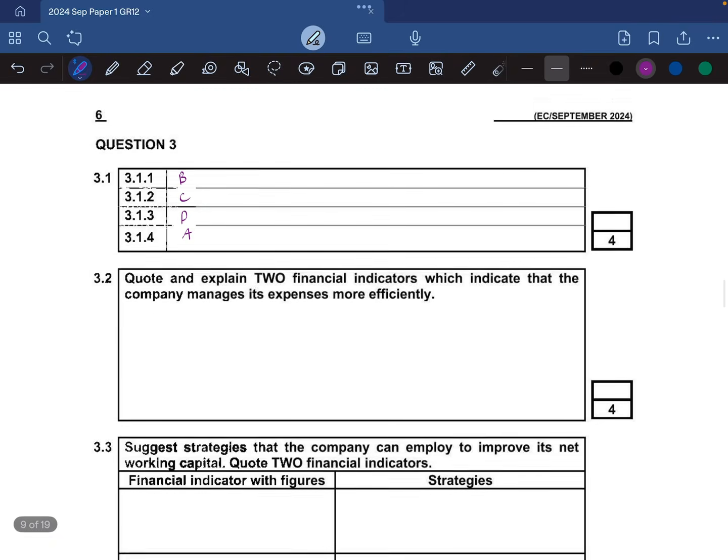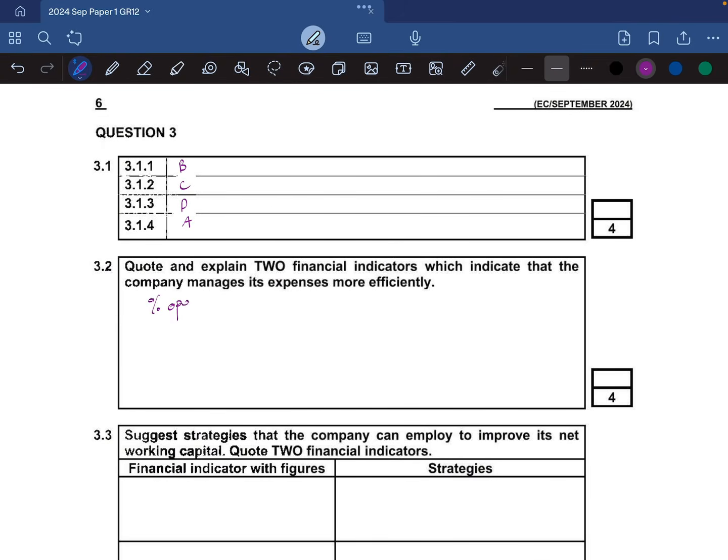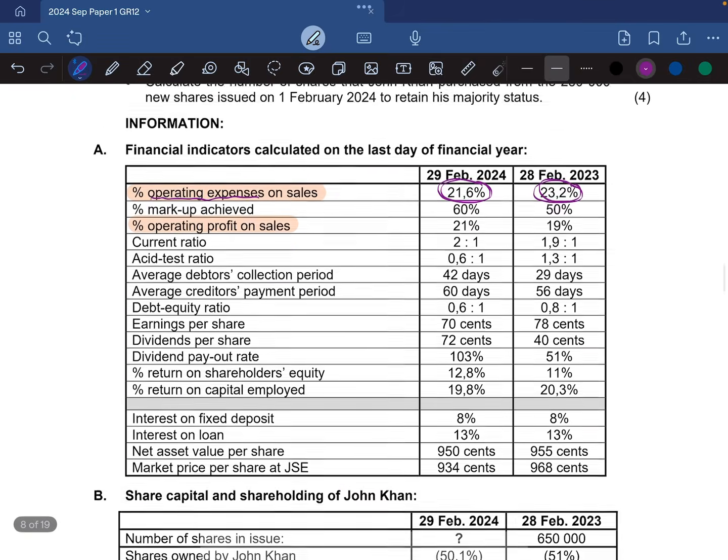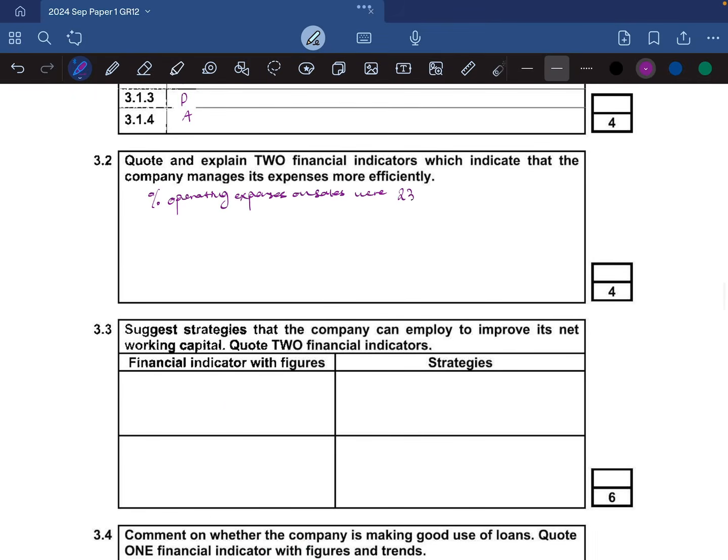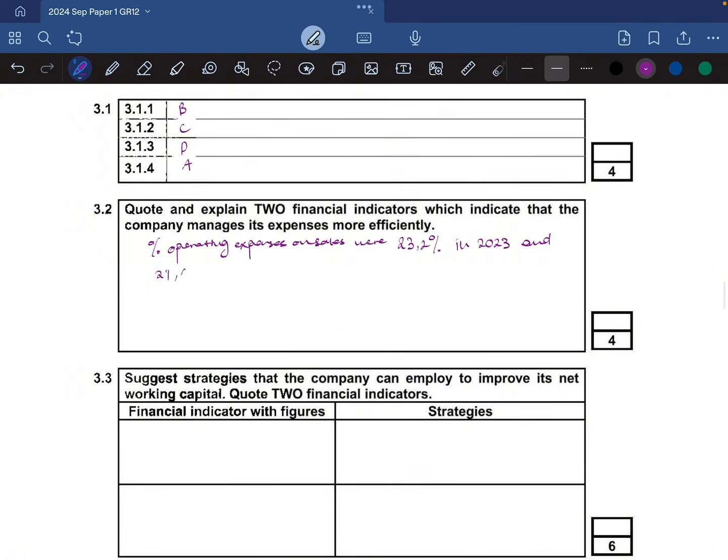Okay, so our percentage operating expenses on sales, now we're quoting figures, were 23.2% in 2023, and 21.6% in 2024, which decreased.